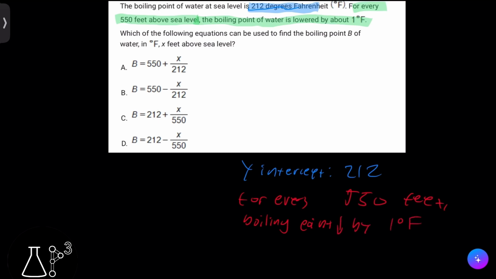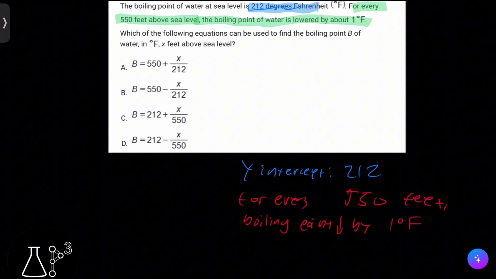So I want to look for one of these equations that shows the y-intercept, the base of 212. But why am I saying y-intercept? If we have 0 feet above sea level, the boiling point is still 212. That's why I'm able to say that the base, or the y-intercept, is 212.